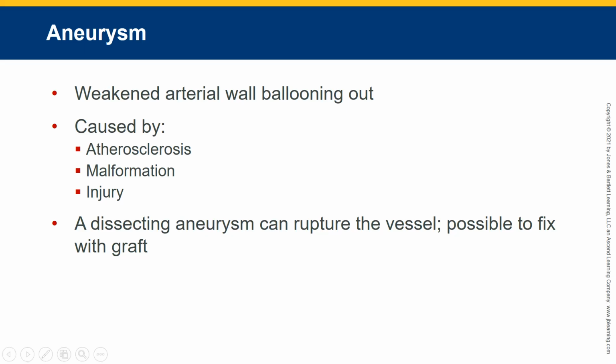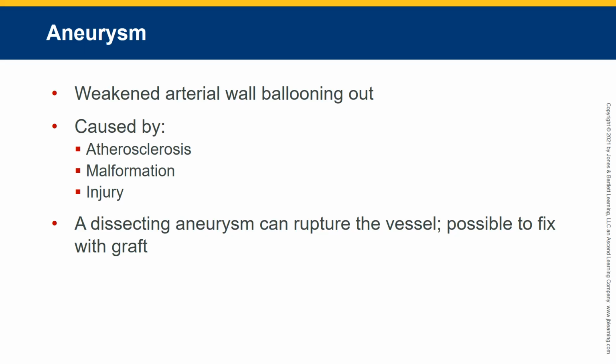Sometimes they're caused by damage from atherosclerosis. Sometimes it's just something you're born with. You have a malformation and people don't know it for a very long time. And sometimes it's caused by injury. There is a disease sometimes you hear called a dissecting aneurysm. That is a massive rupture to a blood vessel.